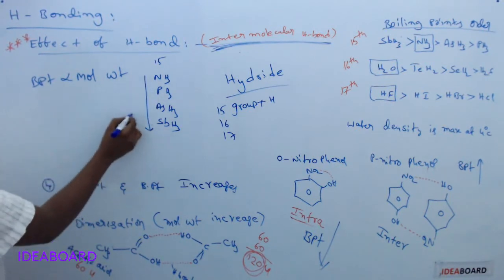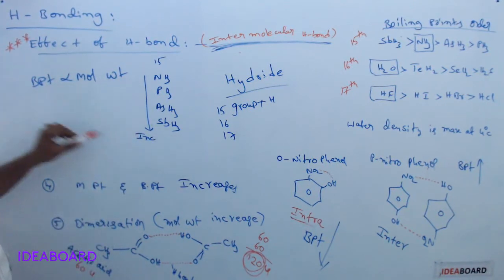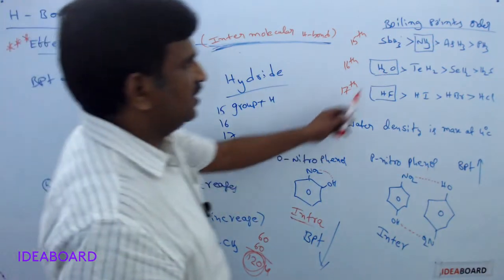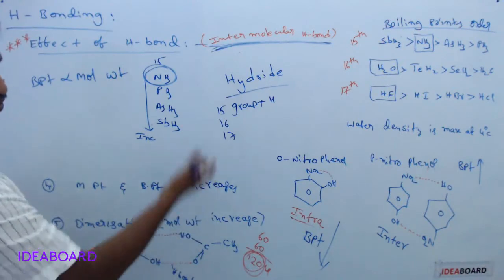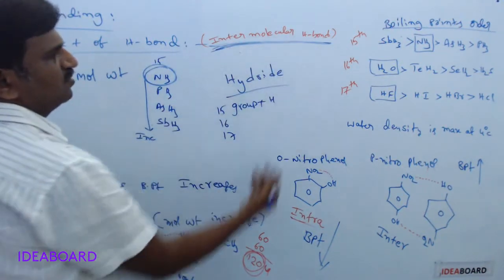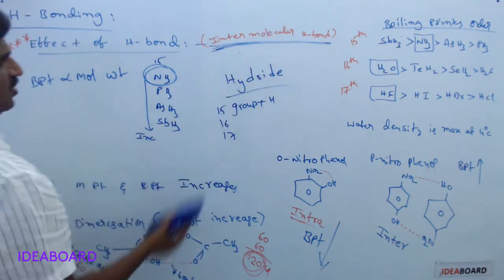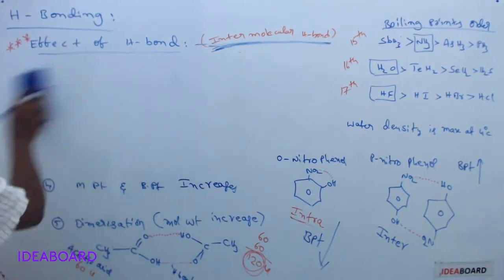Top to bottom generally molecular weight increases, so boiling point increases. But here NH3 has the second highest boiling point value. Why? Because NH3, I already showed the molecular structure, has intermolecular hydrogen bonding. Okay, so those are the orders for the boiling points of different hydrides.